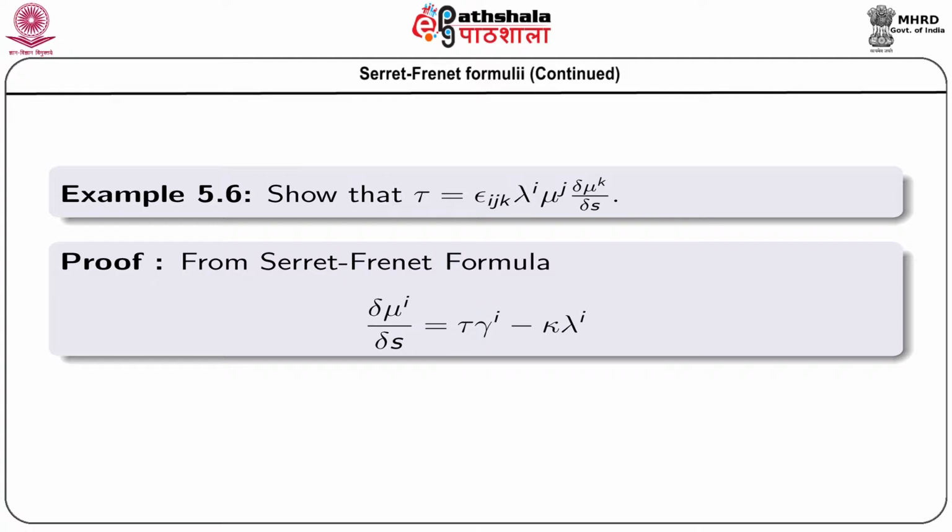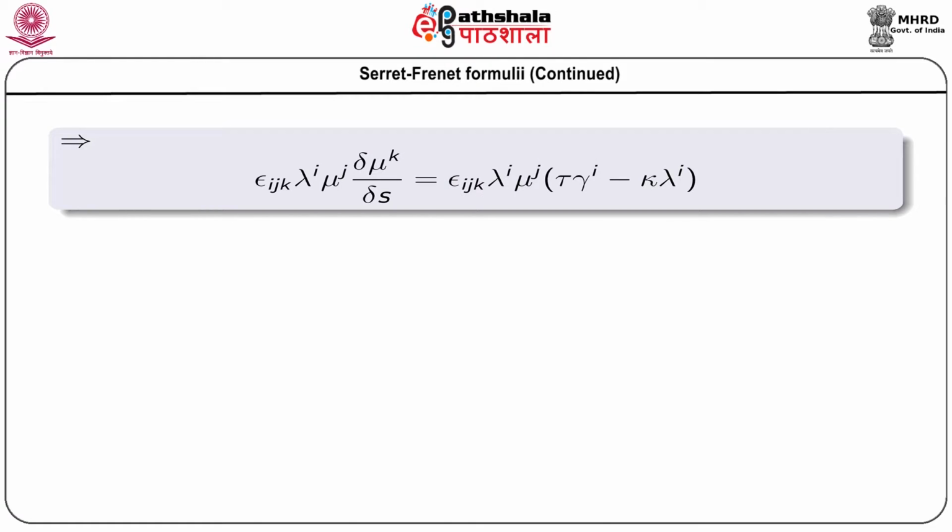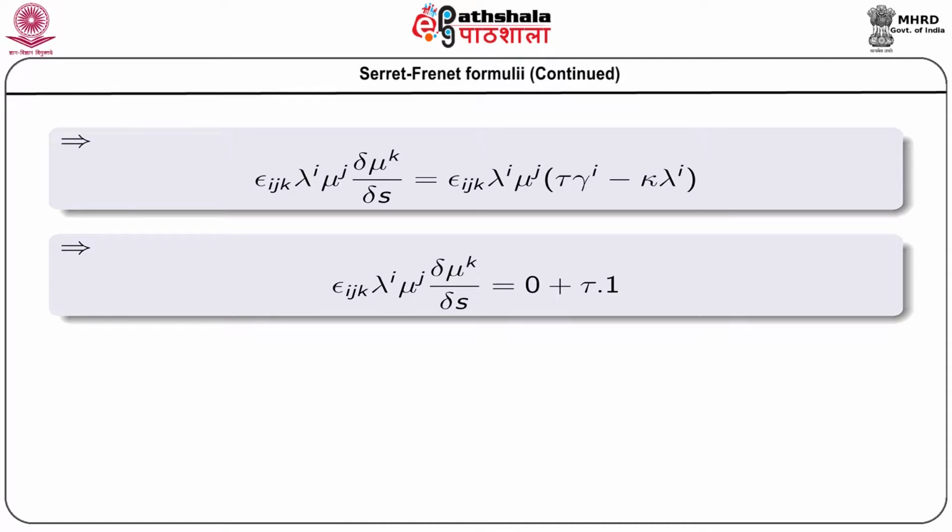This is the second Serret-Frenet formula. So, just taking the product with ε_ijk λ^i μ^j from both sides, we are getting this expression, and from here if we use the value obtained earlier, we get ε_ijk λ^i μ^j dμ^k/ds equals τ.